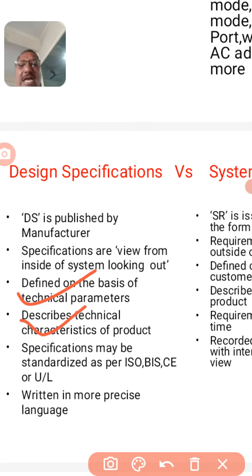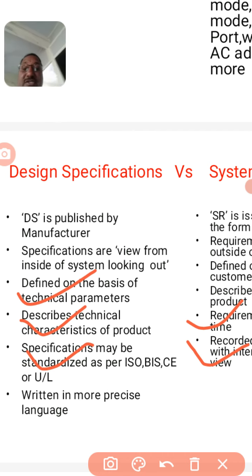Next, design specification describes the technical characteristics of the product, while system requirement does not define the technical characteristics of the product. Then design specifications may be standardized as per ISO, BIS, CE or UL, whereas system requirement does not have such standardized specifications, and design specification uses very precise language, whereas system requirement is not so specific.